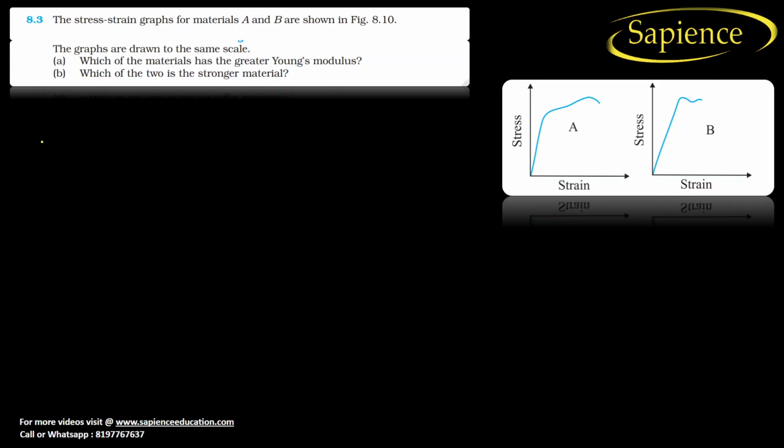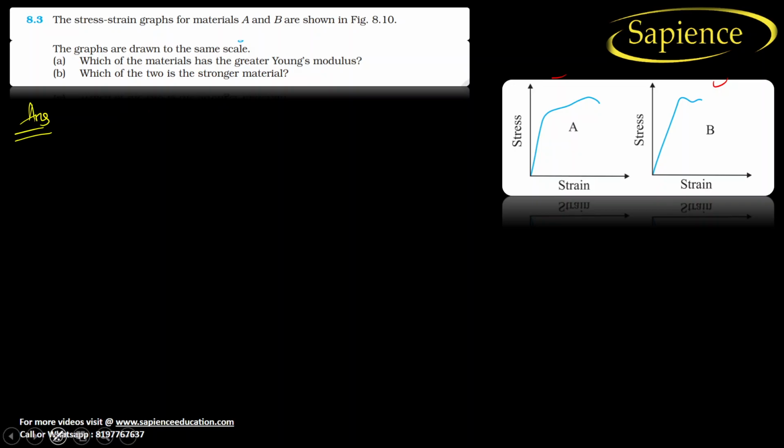In the third question, the stress strain graphs for materials A and B are shown in a figure. This is one graph, this is A, and this is B. The graphs are drawn on the same scale. Which material has the greater Young's modulus of elasticity?